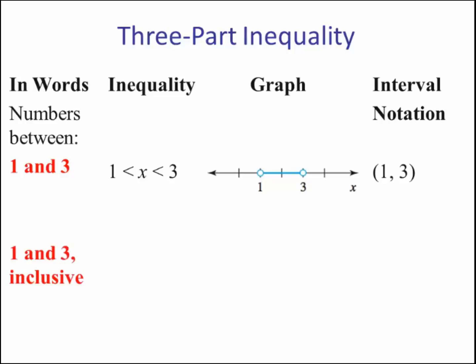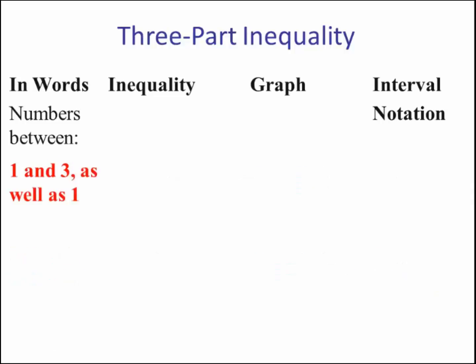If we say 1 and 3 inclusive, then our inequality changes. We include 1 and we include 3. The graph now would have solid circles at the endpoints. And in interval notation, we would use brackets. If we say numbers between 1 and 3 as well as 1, the inequality would change to include 1. The graph would have a solid circle at 1 and an open circle at 3.